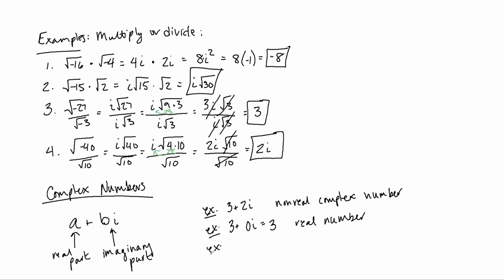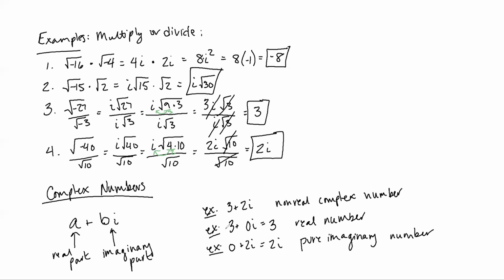What if we had a 0 in the front instead? So let's say we had 0 plus 2i. Well, this is just 2i. And so this is a pure imaginary number. So it's still a type of a complex number, but it's just pure imaginary. There's no real part to it because the real part is 0.